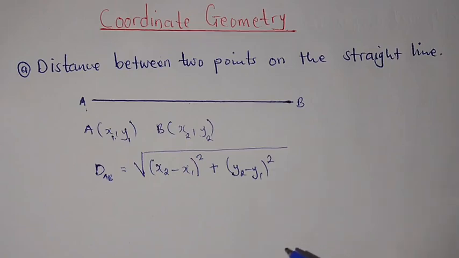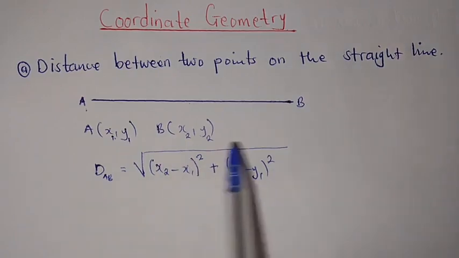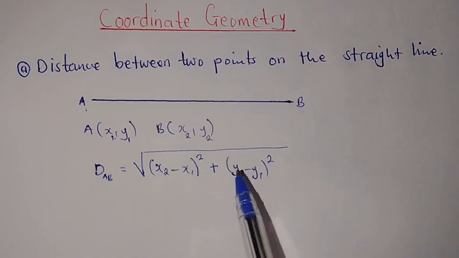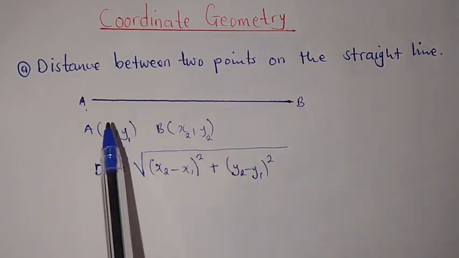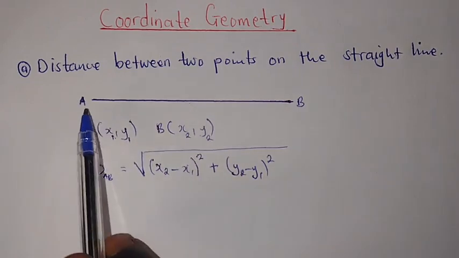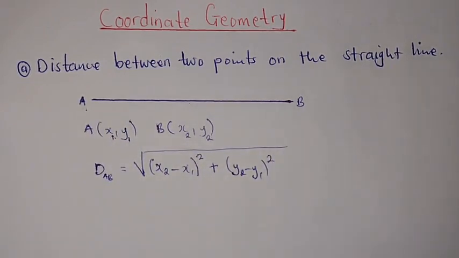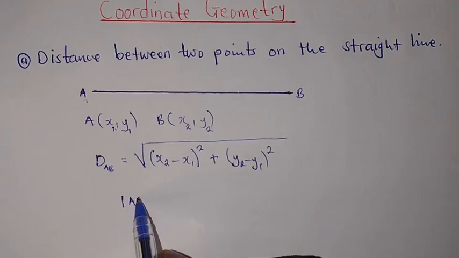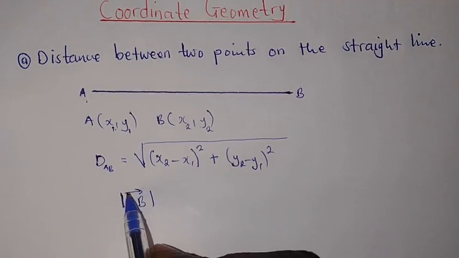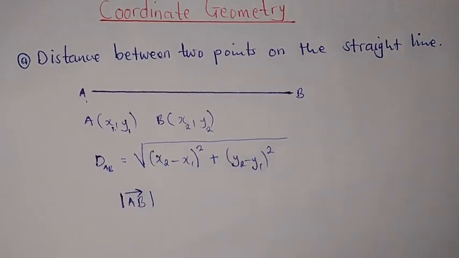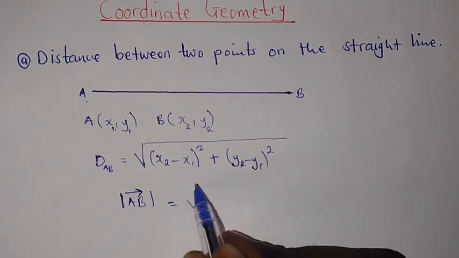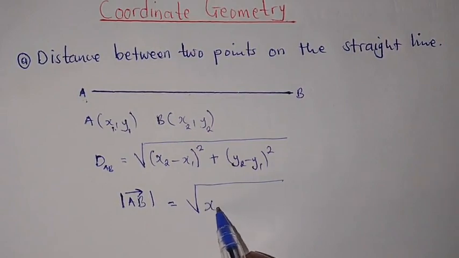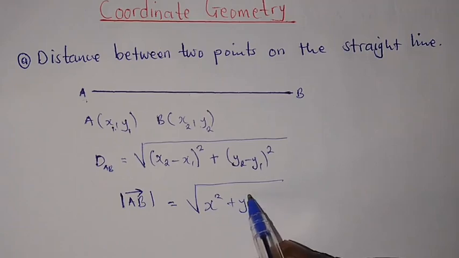Now, remember I said this distance of AB, or the length of AB, is also called the magnitude of 2 points. The magnitude of 2 given points A and B, of which we can use another formula where we can say magnitude of AB is equal to the square root of x squared plus y squared.